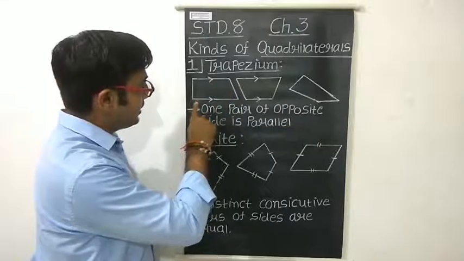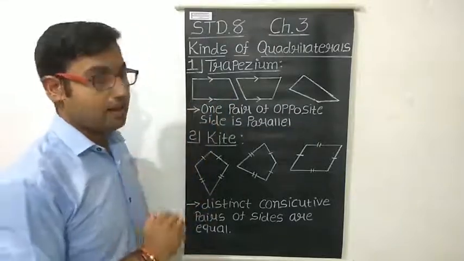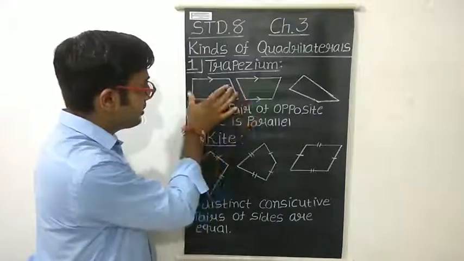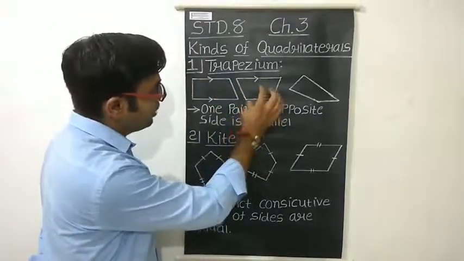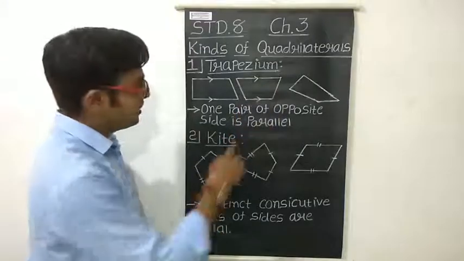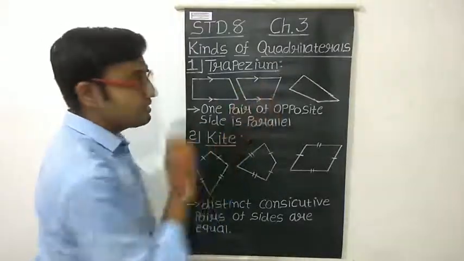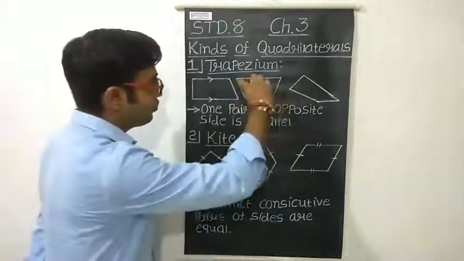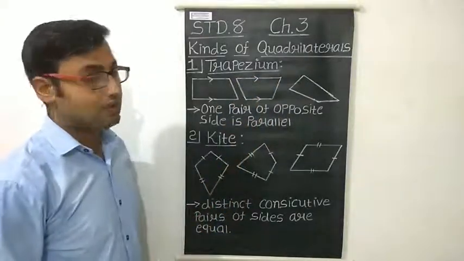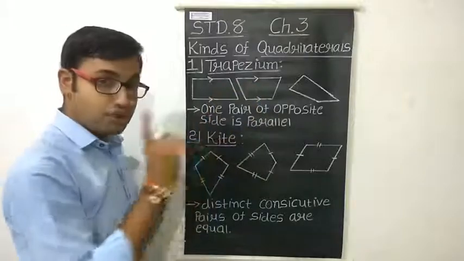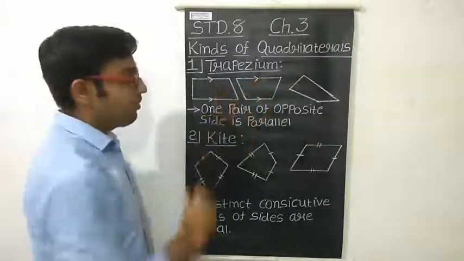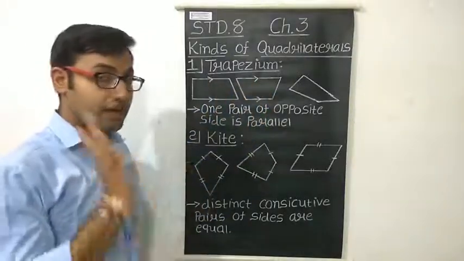Here this line and this line are parallel, but the other opposite lines are not parallel. In the same way, in this quadrilateral also, these two lines are parallel, but these two lines are not parallel. See these two diagrams, one thing is common: one pair of opposite sides is parallel.